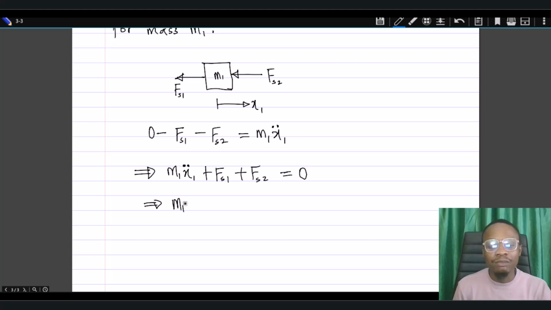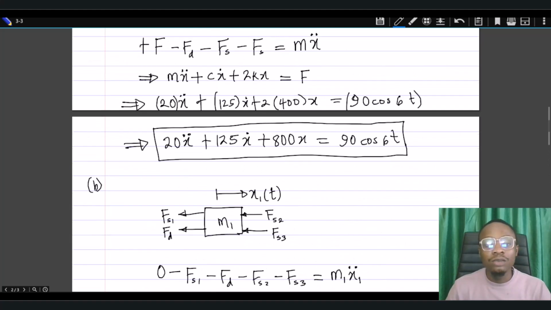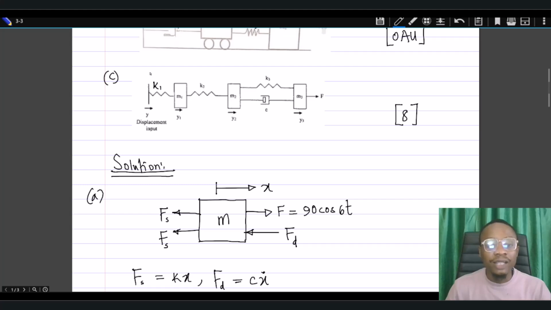So this is M1 x1 double dot plus, so let's get right into that for Fs1. So you need to be careful here because this end is not fixed as we noted earlier. Because it is not fixed, this will have some displacement y, and we can see that is to the right as well. So if this has displacement y to the right, m1 has displacement y1. So if m1 is displaced by y1, how does that influence the length of this spring k1?